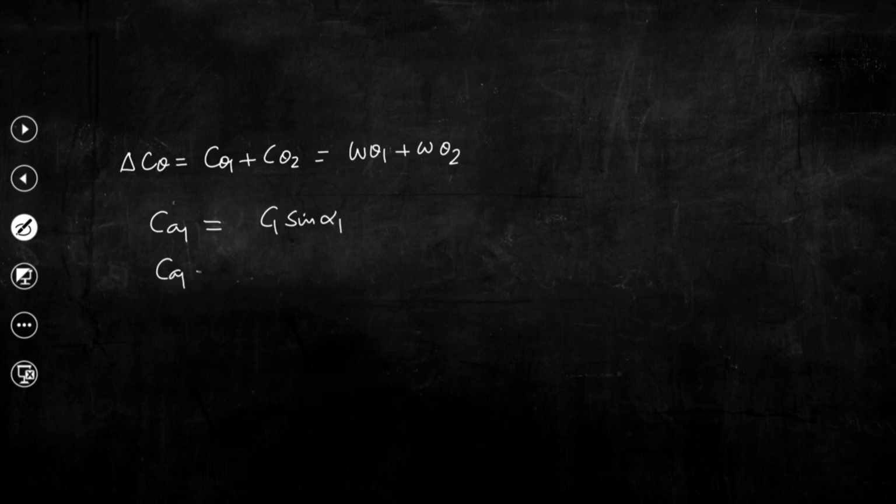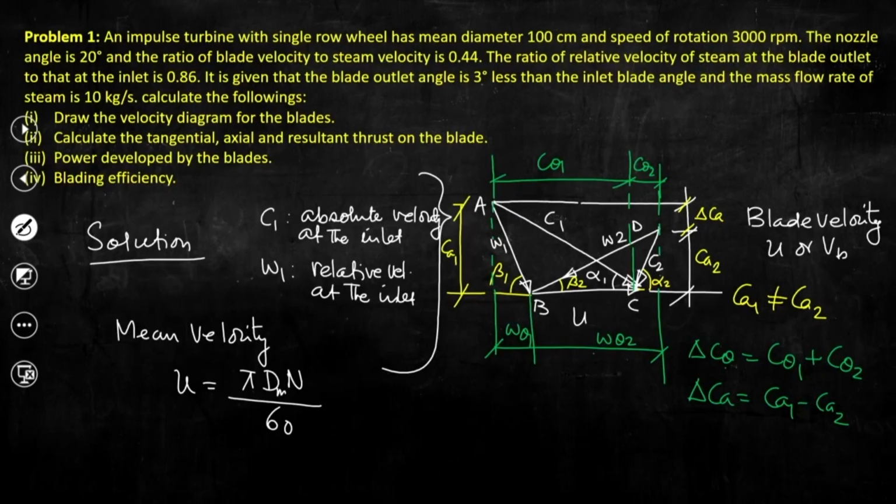Again, if we give the name AE in the velocity triangle, then from triangle AEC we can write that AE equals C1 sin alpha 1. Similarly, from triangle AEB, AE, that is CA1, equals W1 sin beta 1. These are very important to calculate the parameters that we will be using.